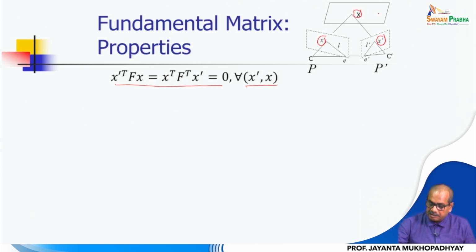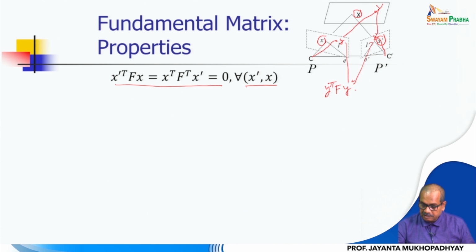If I consider another point, say Y, and take its projection on each image plane, then for this point also it will satisfy y prime transpose F y equals 0, or y transpose F transpose y prime equals 0.